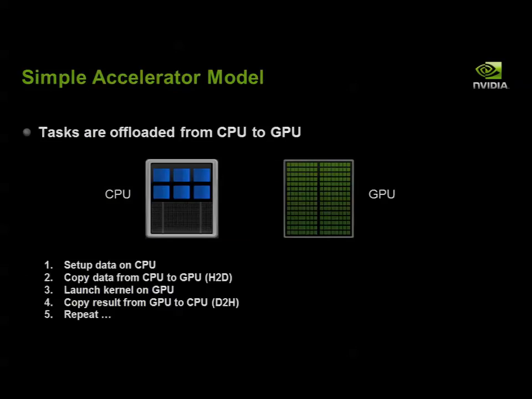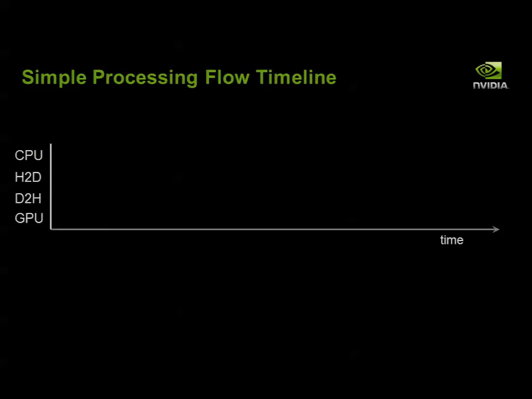So we have the typical offload model where we have the CPU and the GPU. You move data from the CPU to the GPU. You compute. You get the result back. And you do this several times. If you look at the timeline, you're starting out on the CPU. You do a host-to-device transfer. You compute on the GPU.